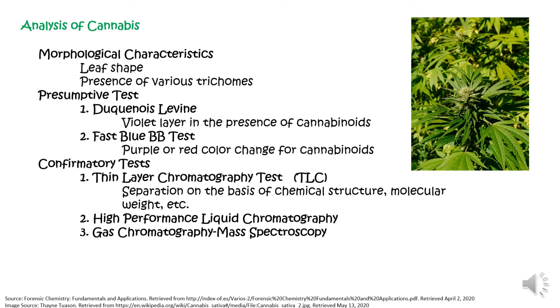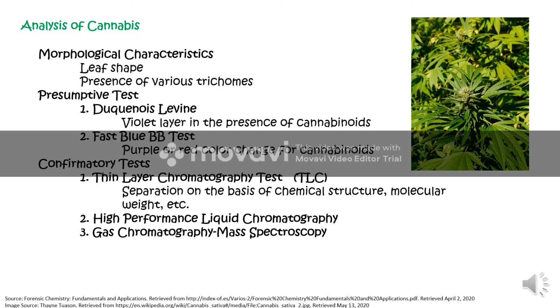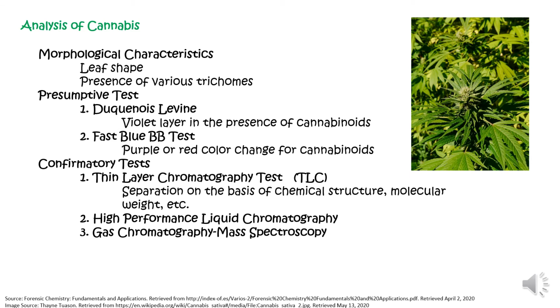This test is performed by placing a specific amount of the target substance in a glass tube, so in this case the cannabis. Then drops of the Duquenois reagent will be added. The Duquenois reagent can be prepared by adding vanillin and acetaldehyde to ethanol.